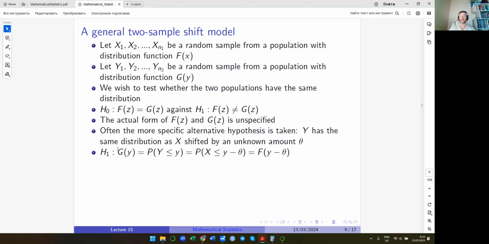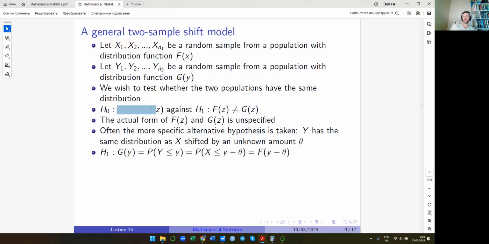So what does it mean? It means that the alternative hypothesis says the following: G of y, which is the probability that Y is less than or equal to some small y, equals the probability that X is less than or equal to y minus theta, which equals the distribution function of X evaluated at y minus theta.